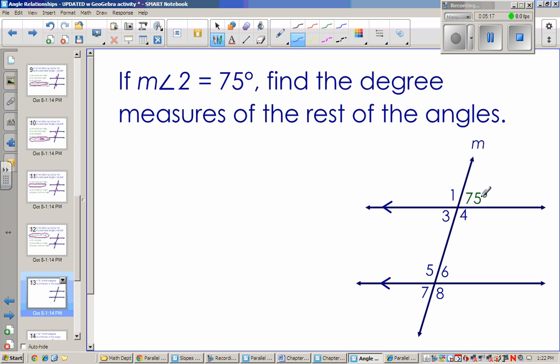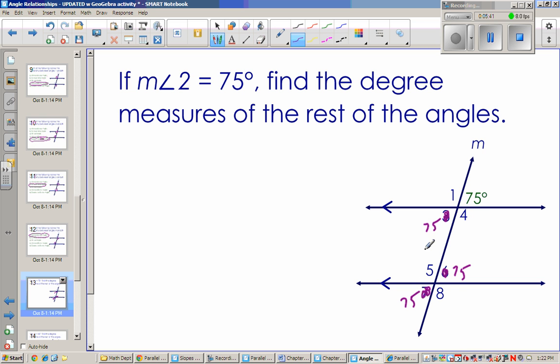Now if measure of angle 2 is 75, let's find the degree of the rest of them. The easiest ones are the other ones that are 75, so the vertical angles, 75. Now 6 and 7 are going to correspond with those, so those are 75. The other angles are both going to be supplementary.